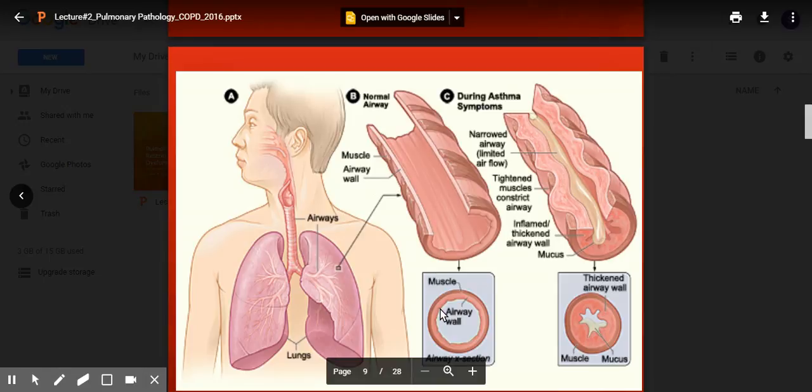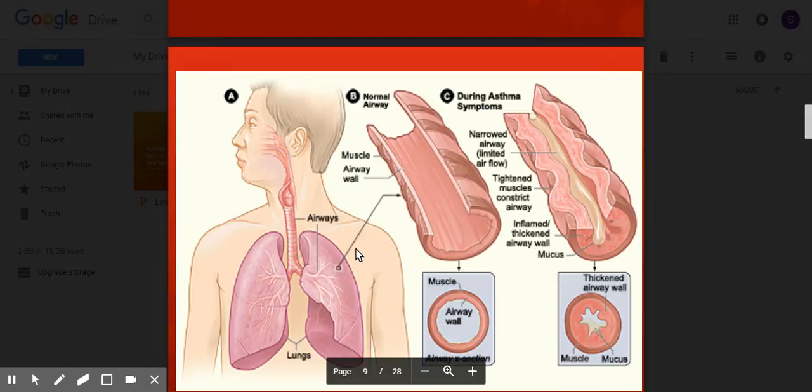Here's a diagram of an asthmatic response. The response ends up being a dual response of a constriction of the smooth muscle that surrounds the airways. And so that constriction by the smooth muscle combined with increased mucus production impedes airflow.